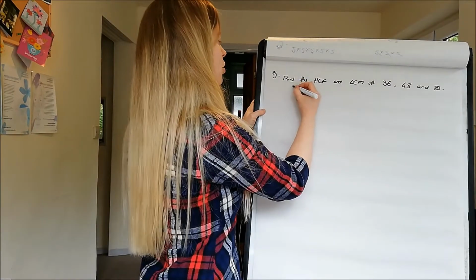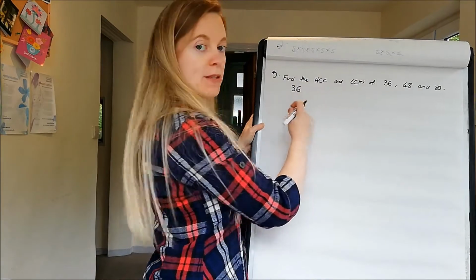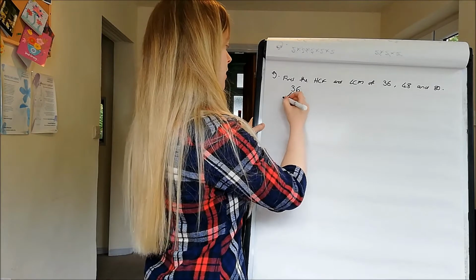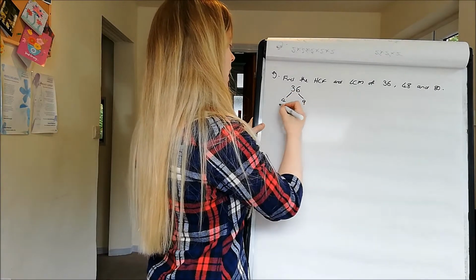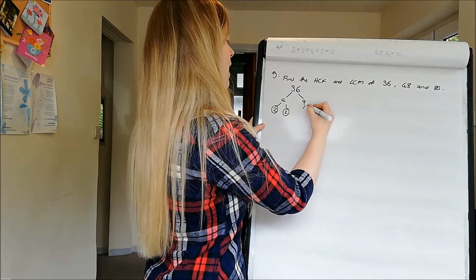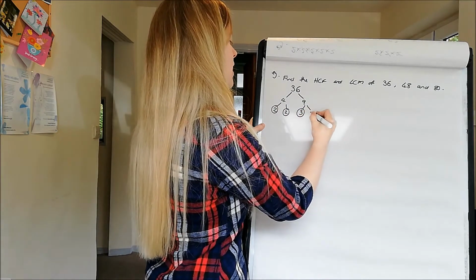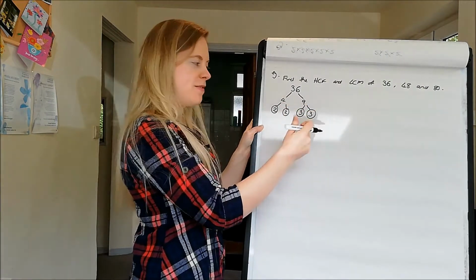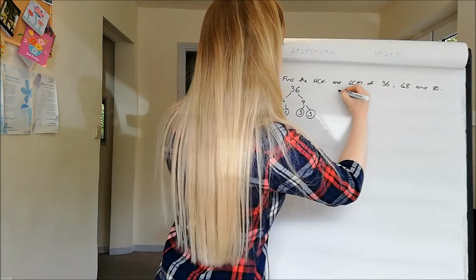So I'll do my factor trees. I'm going to have to do them quite small or else I won't be able to fit my 3-way Venn in. 36 breaks down to 4 9s, 4 breaks down to 2 2s, both of which are prime, and 9 to 3 3s, both of which are prime. So you should have 2 2 3 3 in the Venn diagram at the end.